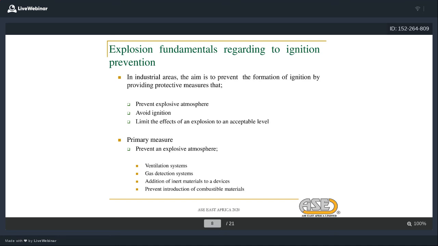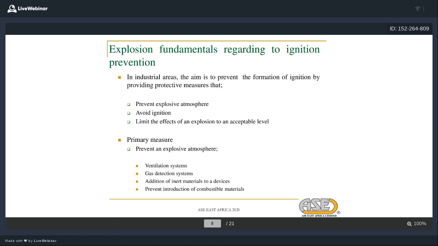We can use natural ventilation or artificial ventilation. A gas detection system detects the presence of an explosive gas atmosphere, and then we can take measures to remove that effect.